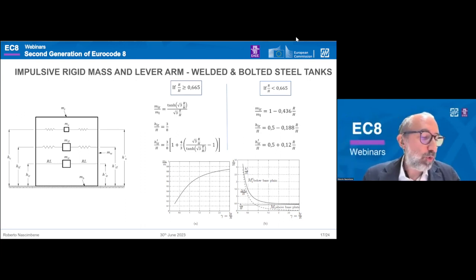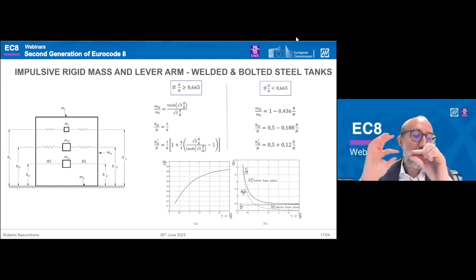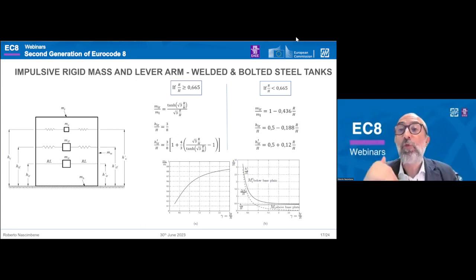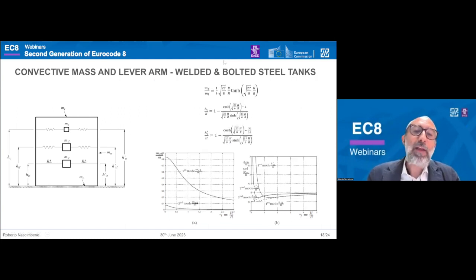We can also notice that the height of the lever arm of the mass varies in a relatively narrow range. The overturning height varies widely, and it is greater than 1, as expected, due to the overturning moment. And in the next slide, we have the approach related to the convective mass.